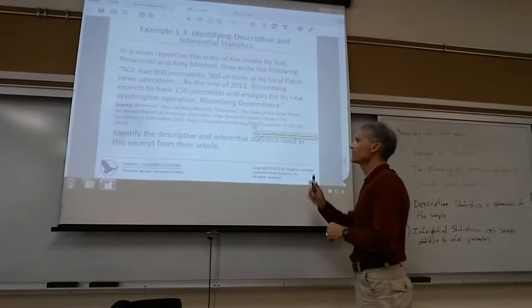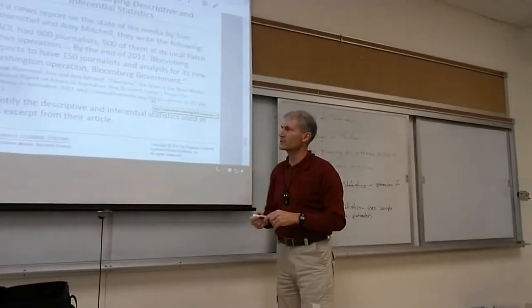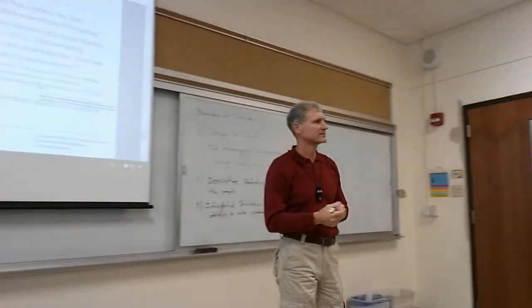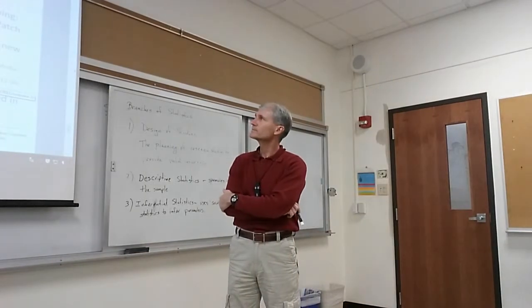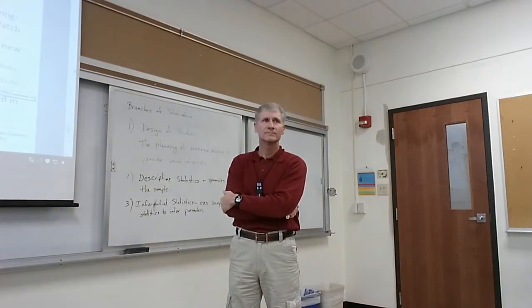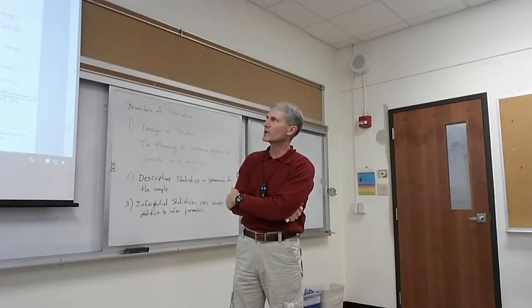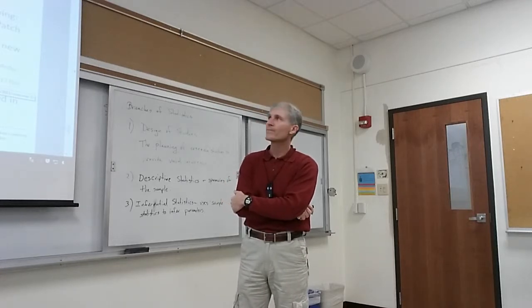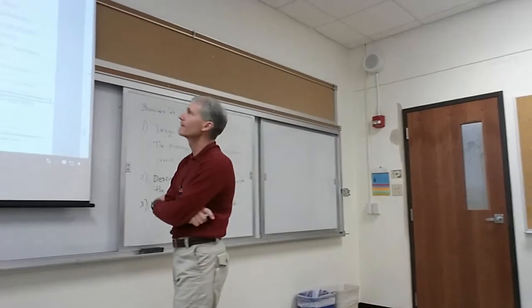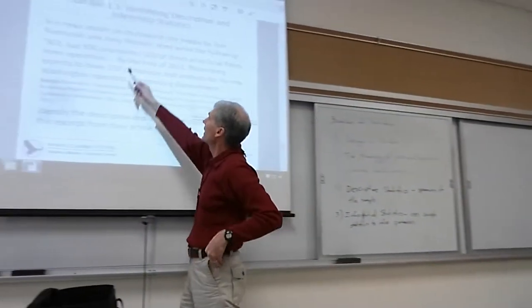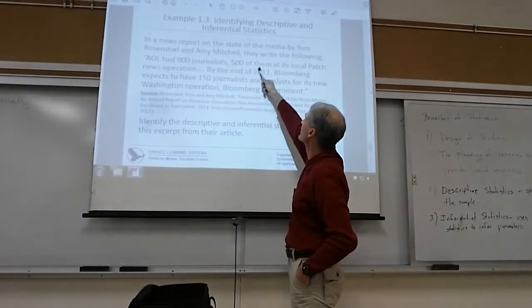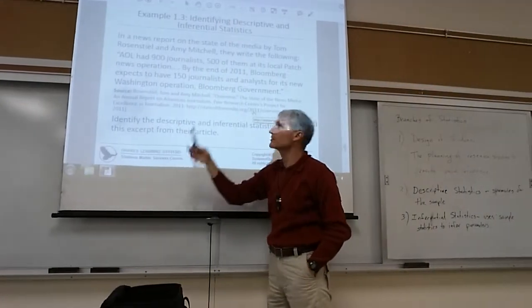Okay. Identify the descriptive and the inferential statistics used in this article. What are descriptive statistics being quoted there? Okay, they had 900 journalists, 500 of them were at a local news operation, and so on.